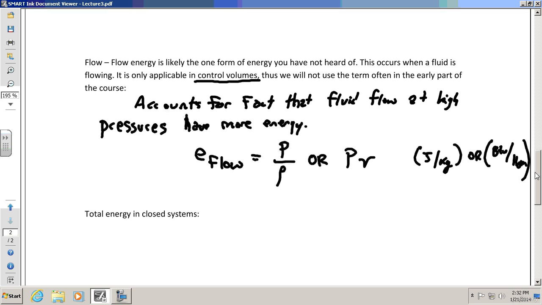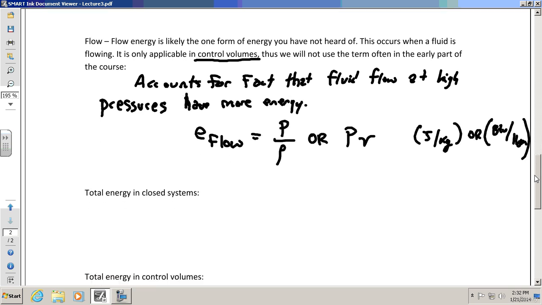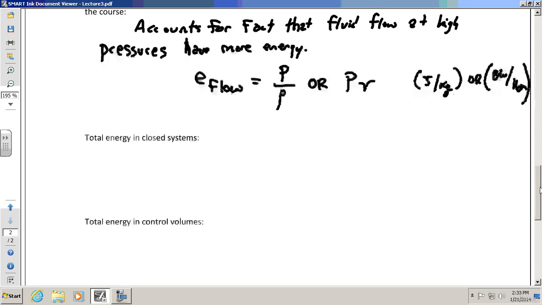All right, now the reason I bring up all these terms, don't get too hung up on the flow energy term just yet, because we'll get to it later. The reason I bring up all these terms is to say, what's the total energy in a closed system or control volume? Remember, a closed system does not have flow energy. So the total energy E can be expressed as the summation of the internal energy plus the kinetic energy plus the gravitational potential energy.